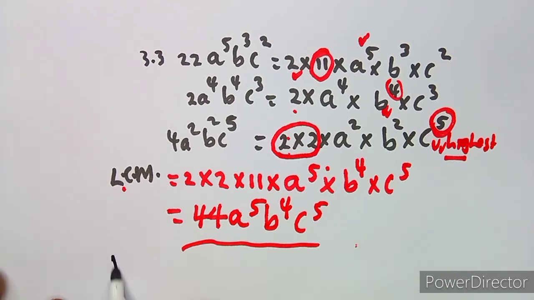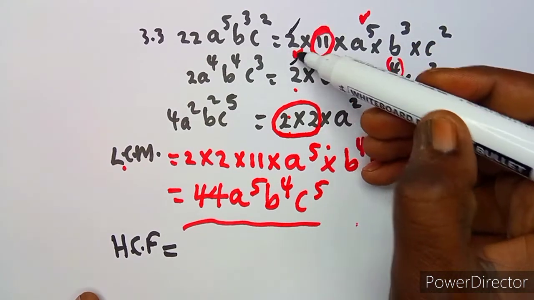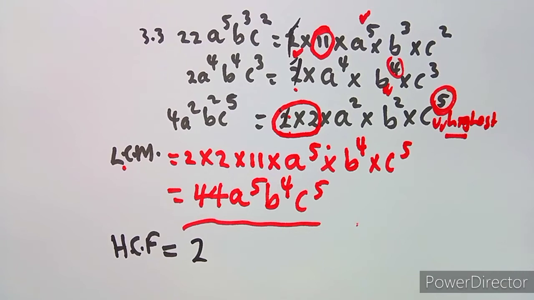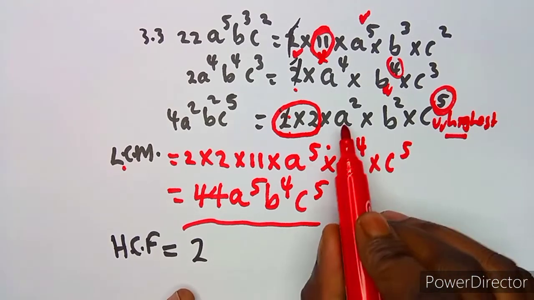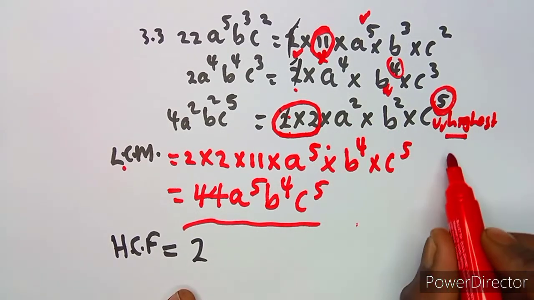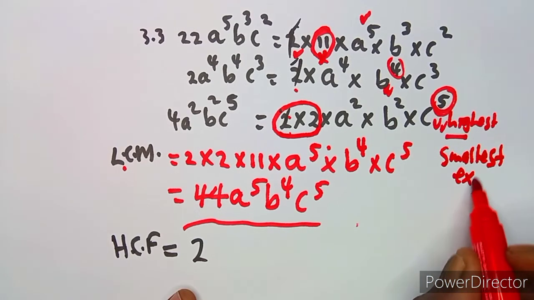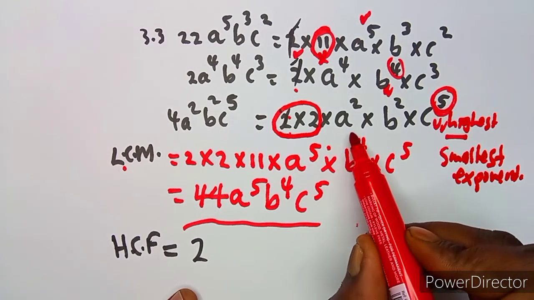Then the HCF, which is the highest common factor. I have always said that it must be common throughout. As you can see, 2 is common, so you take 2. 11 is not common, so it's totally out. On these terms, you take the one with the smallest exponent, but make sure it's common first.